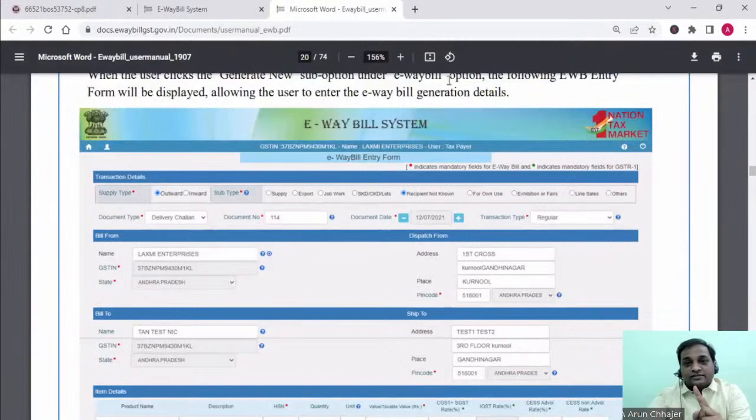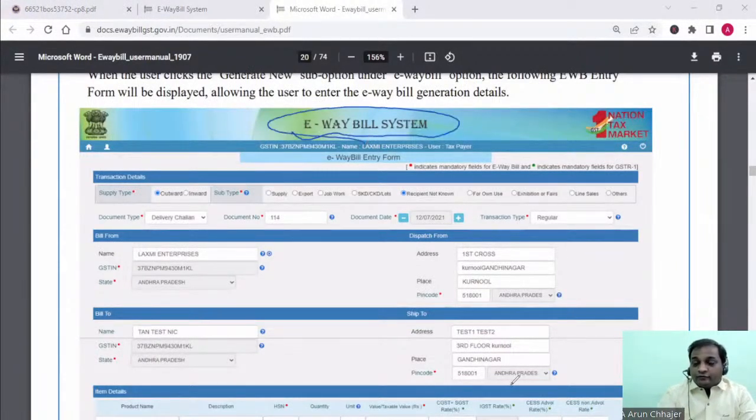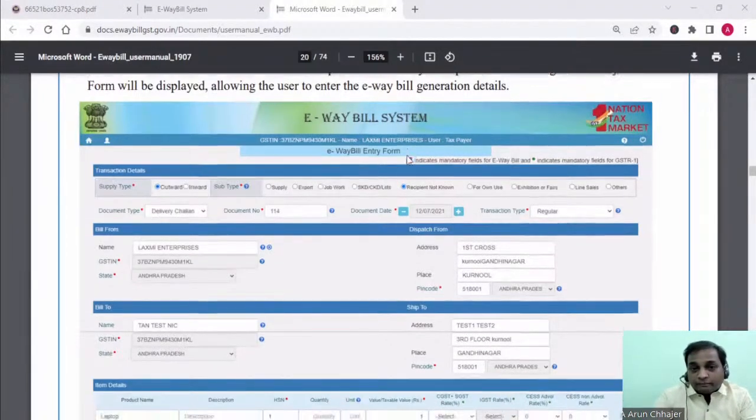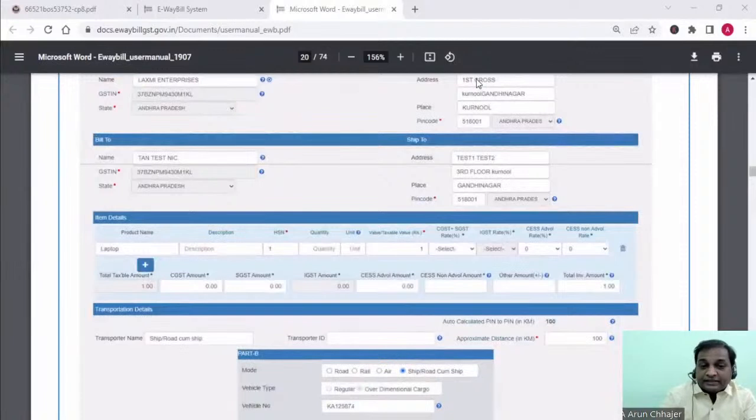the practical provisions. Eway Bill is a document which could be generated by the supplier, by the recipient, or even by the transporter. It will have two parts, part A and part B. Why, sir, does it have two parts?